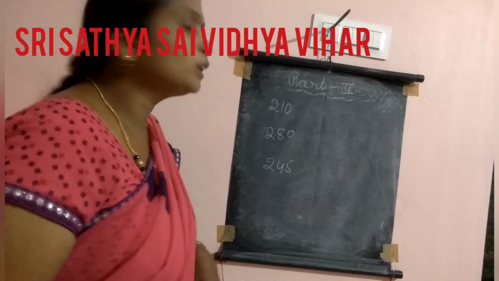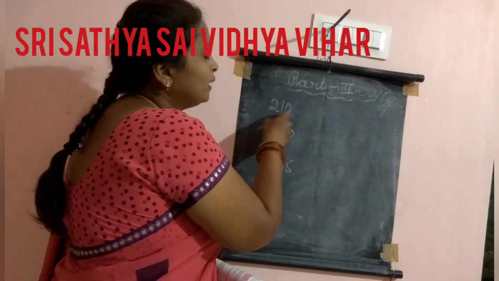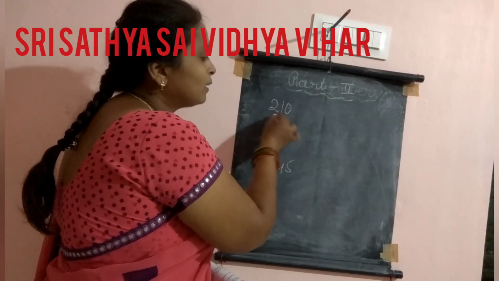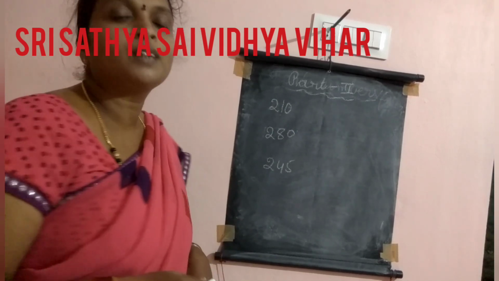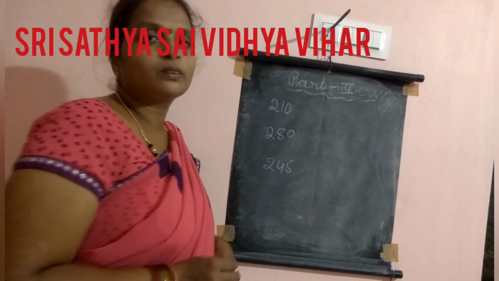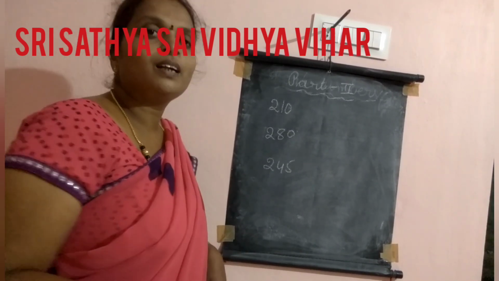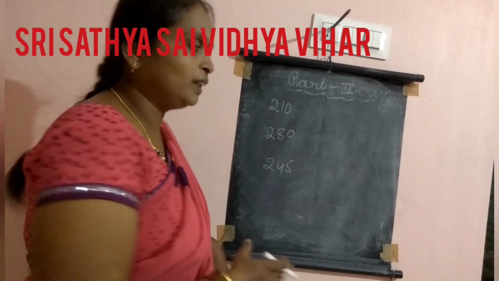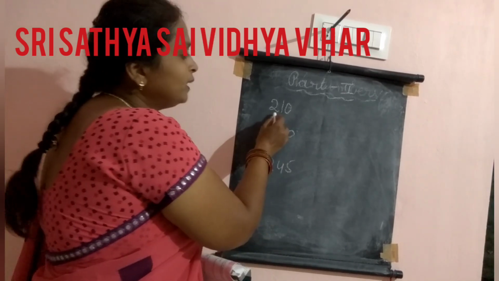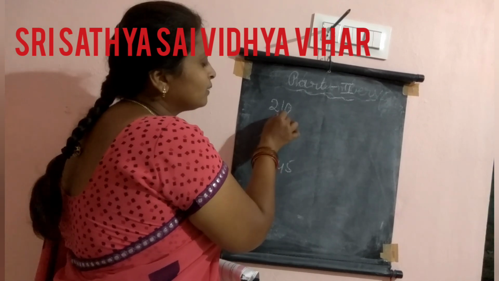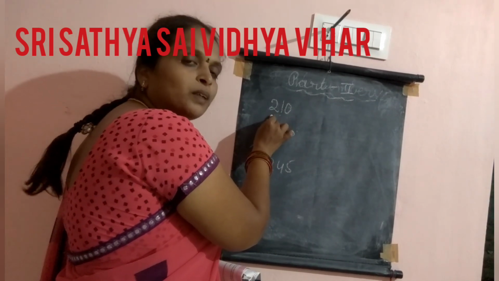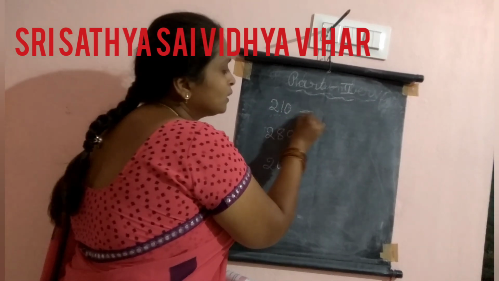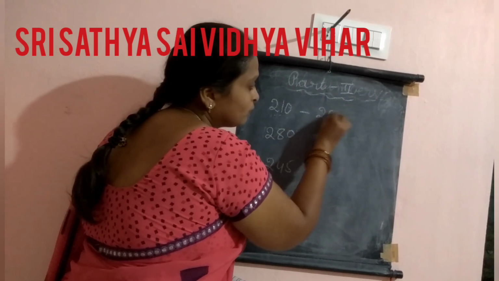Some examples nearest to hundreds. Here 210. This is ones place, tens place, hundreds place. You already learned this in the 5th class, what the place values are. We can discuss the place values in expanded form after this. Here nearest to 100 means ones, tens, hundreds. 210 is nearest to 200.